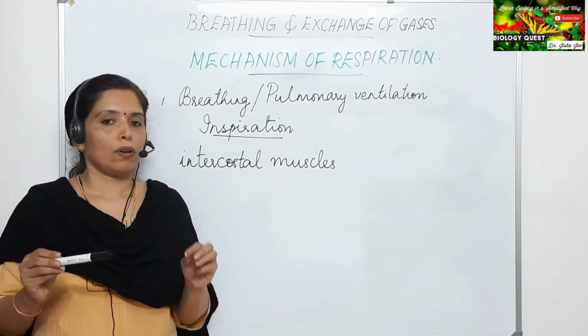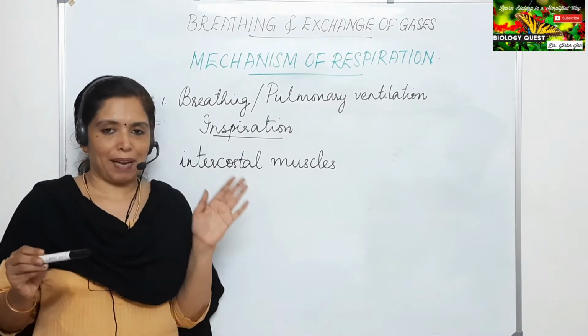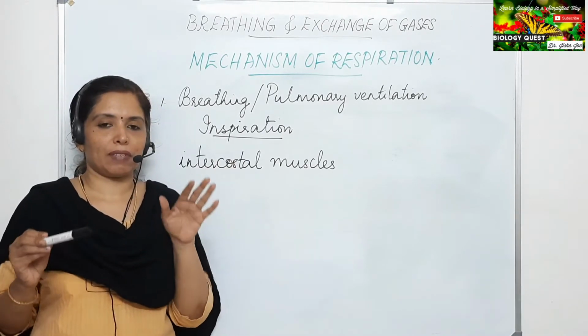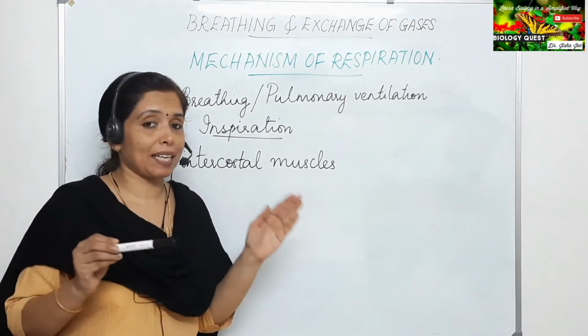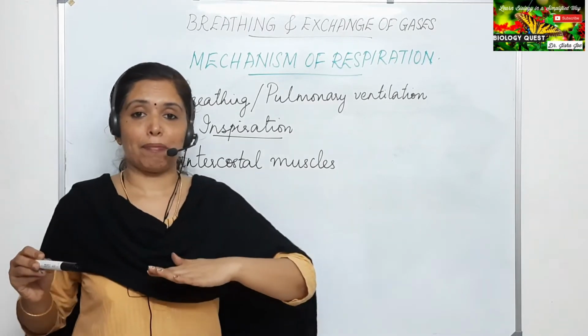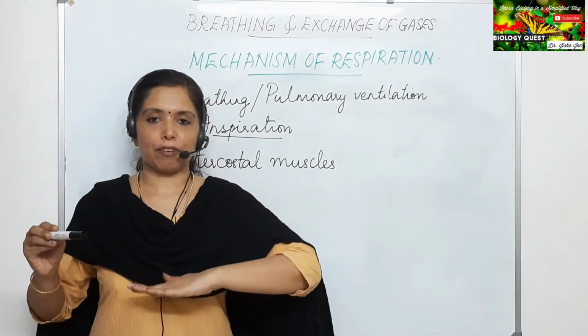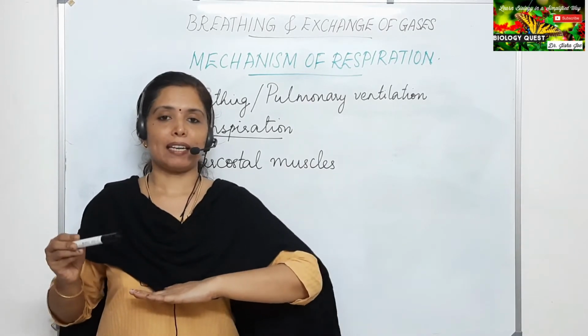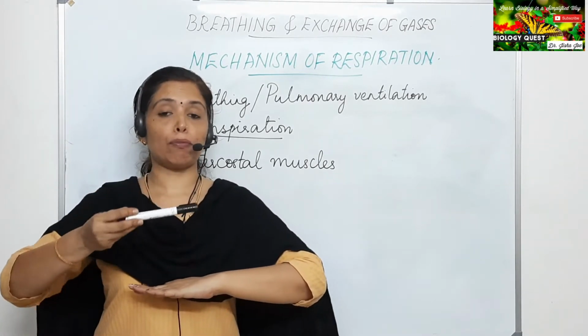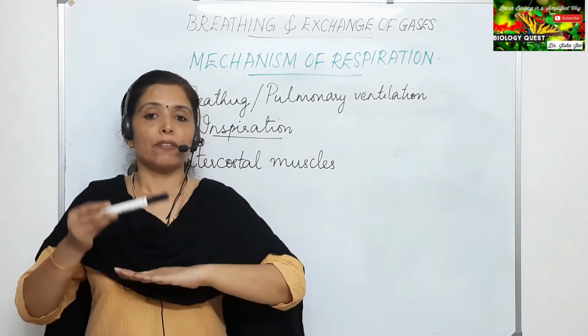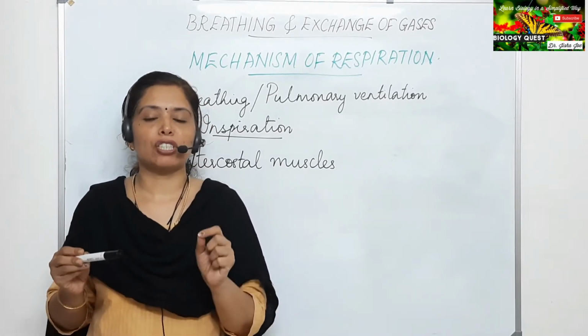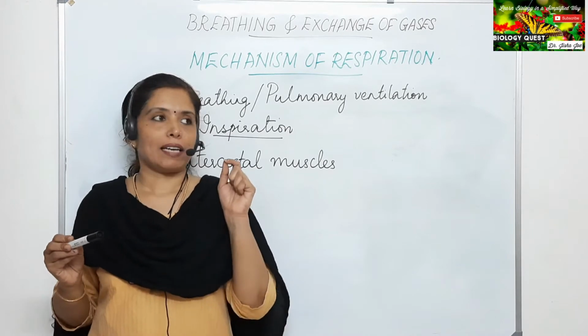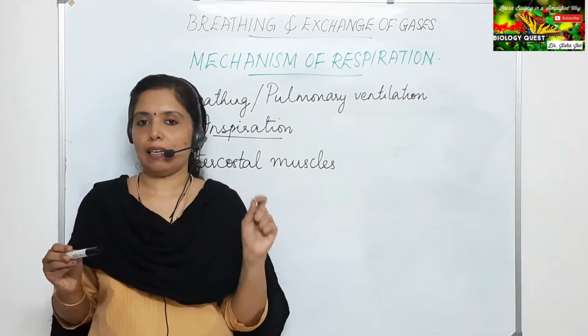Coming back to the thoracic cavity, we have seen during inspiration the diaphragm contracts, moves downwards or flattens, then the ribs and the sternum have to move upwards and outwards. This is brought about by the contraction of the external intercostal muscles.